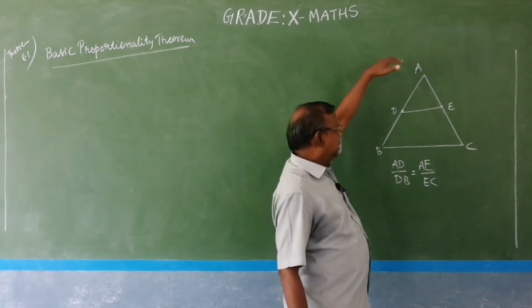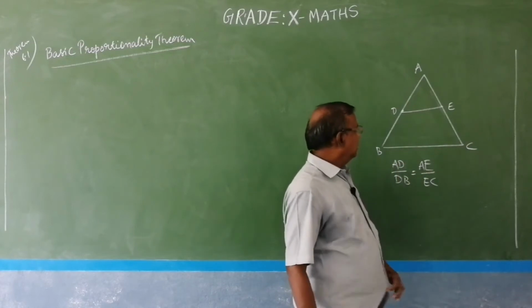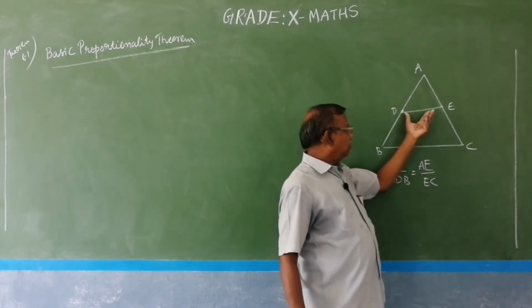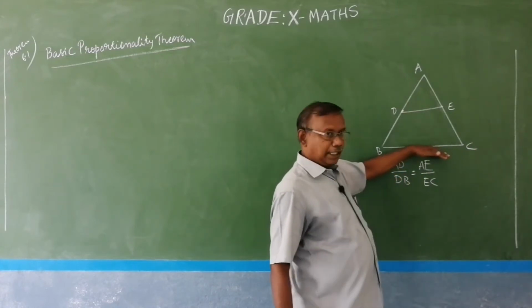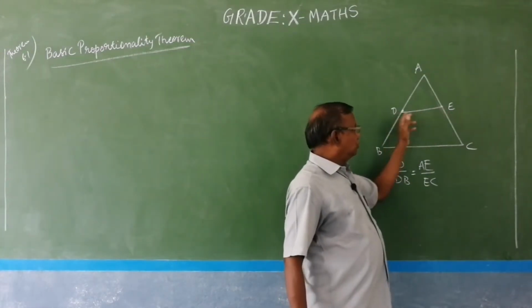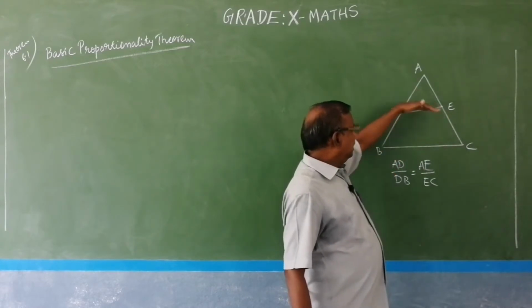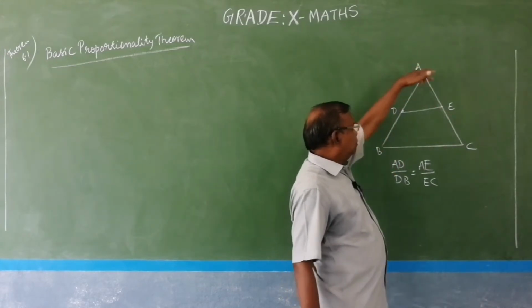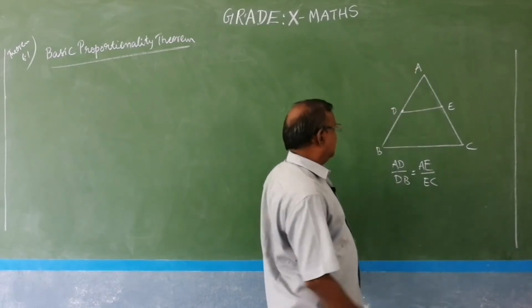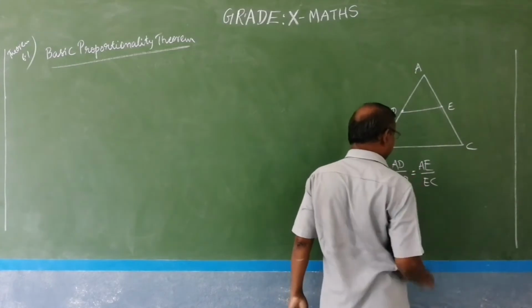Once again, in a triangle ABC, in any triangle, if a line is drawn parallel to one side of the triangle, meeting the other two sides in two distinct points, then the other two sides are divided in the same ratio, that means AD by DB equals AE by EC.